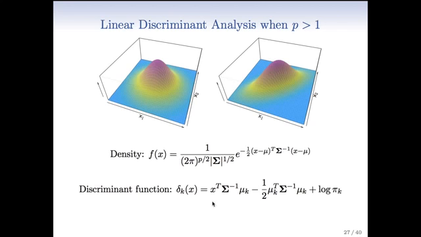You can form the discriminant function, which is given over here. And it looks complex, but the important thing to note is that it's again linear in x. Here's x alone multiplied by a coefficient vector, and these are all just constants. So this again is a linear function.